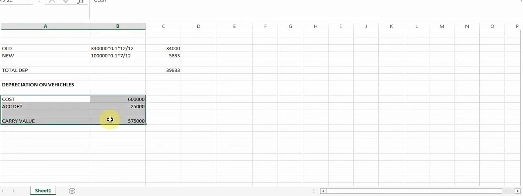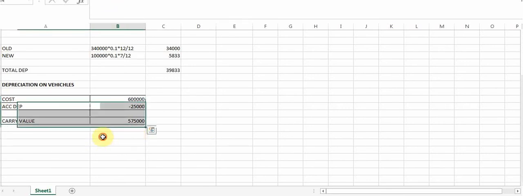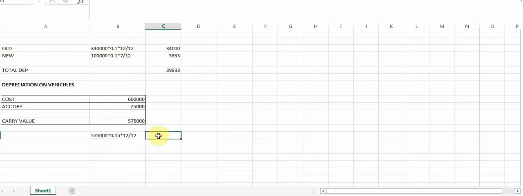So I'm just going to take the carry value and I'm going to say 575,000 times the 15% times 12 over 12, because this is not an acquisition or any new assets that were obtained, so I can use an entire year. So 575,000 times 15%, times a full year, and I get to an answer of 86,250.